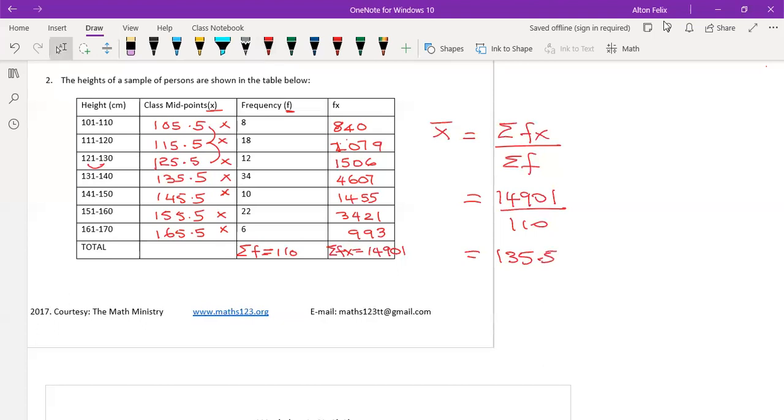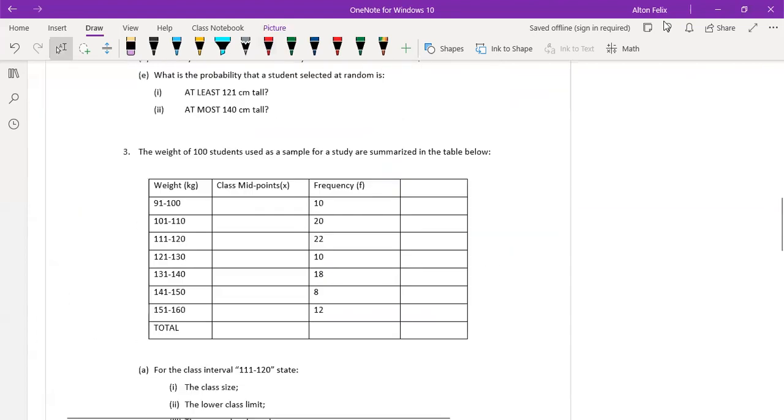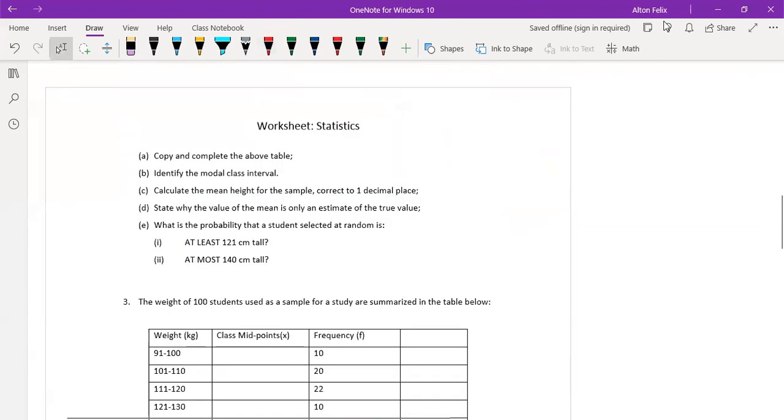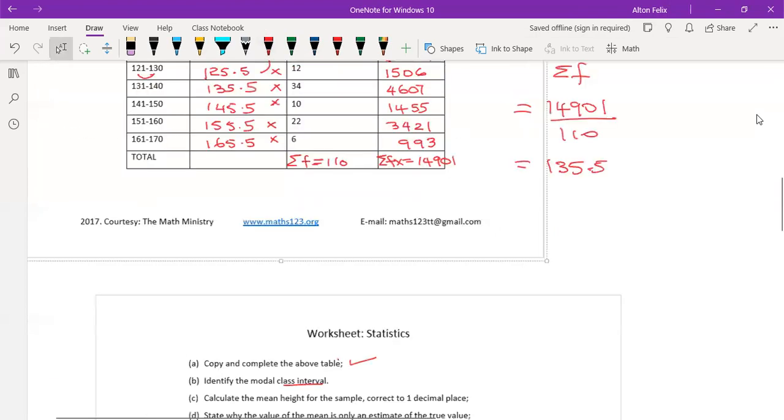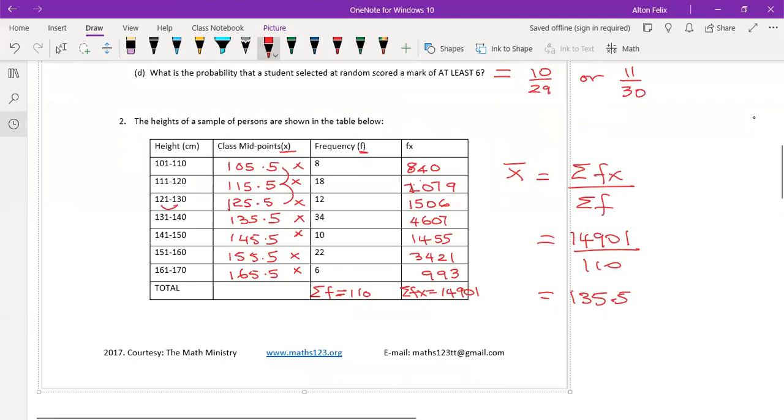Okay, so let's see if that's what the rest of the question wanted. Right, so we copy and completed the table. Again, the modal class, identify the modal class interval, right? So we're looking at the table and see which one corresponded to the highest frequency. Let's go back up and check that. Right, so the modal class, the one with the highest frequency seems to be this one.